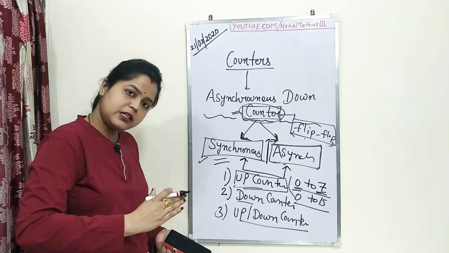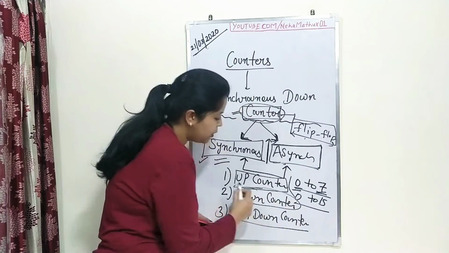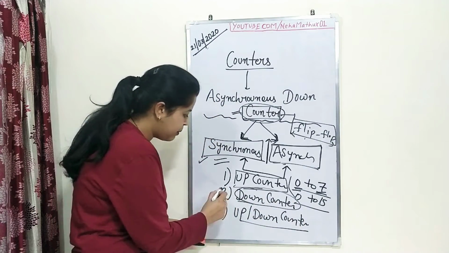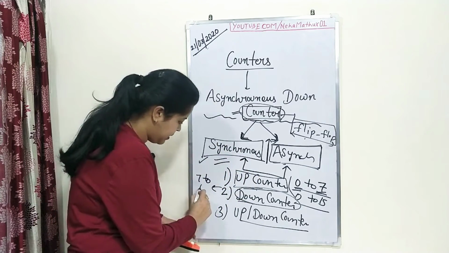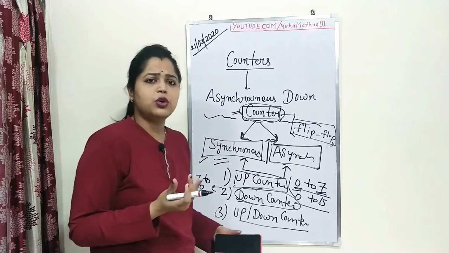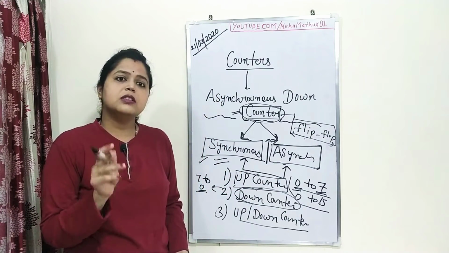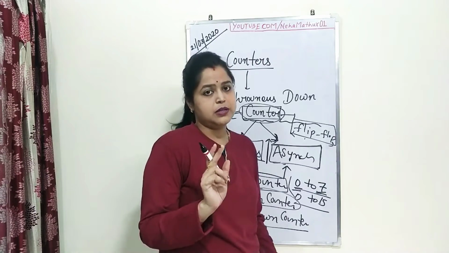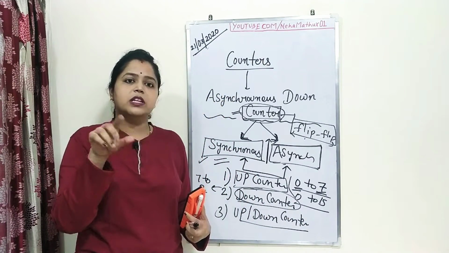Fine, it starts from a lower digit and goes up to a higher digit. Similarly, what about the down counter? A counter which starts from a higher number and comes toward a lower number: 7 to 0 or 15 to 0. Why am I taking such random numbers? Just because of the concept of binary numbers. If you have a 3-bit combination, then 2 raised to the power 3 is equal to 8.